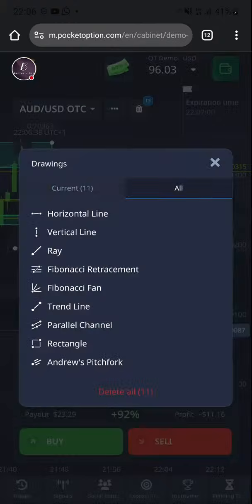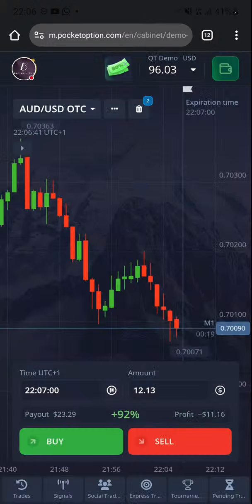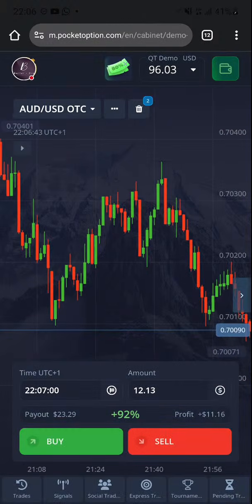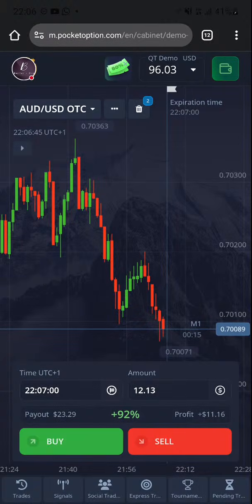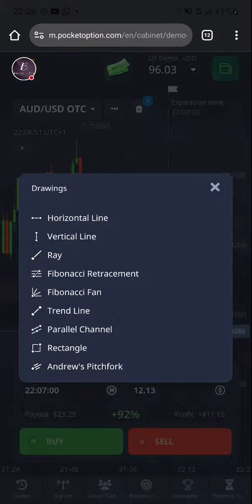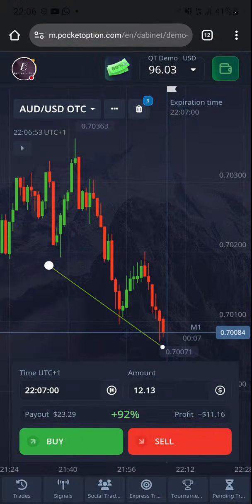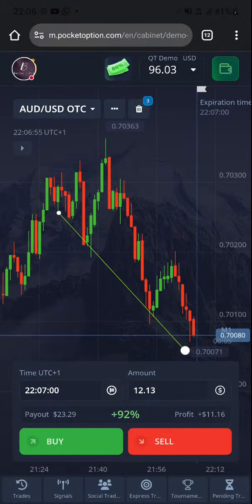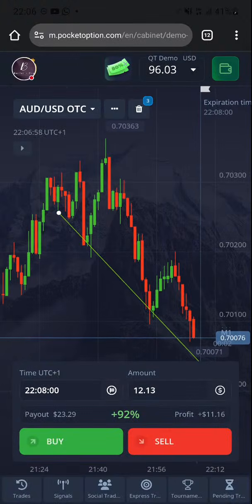Look at this. Let me clear all this now so that you can see that the market is changing. You can see it's going down right now, but if you look at this very carefully, you can see a price channel already. Let me show you the price channel. Look at this. This is the price channel. So this is the buyer's entry down here now.